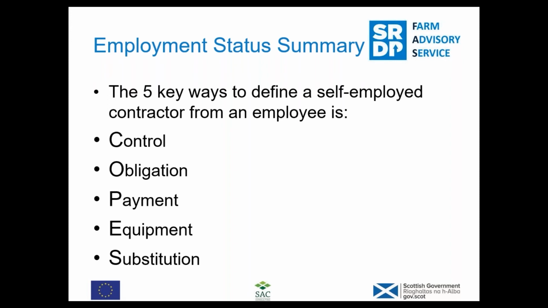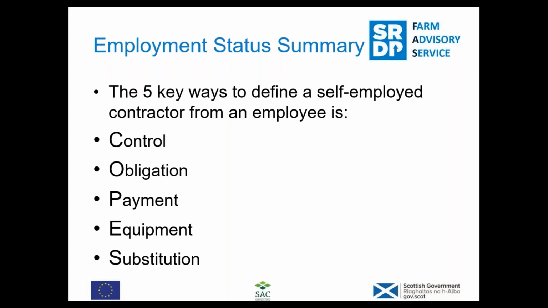Substitution is the fifth area, and that is an area that my scenarios didn't cover, purely as it's probably the most unusual one to get your head round. It's worth noting at this point that employment status reviews are also being carried out in the construction industry, and this is a factor that is probably more likely to apply there.